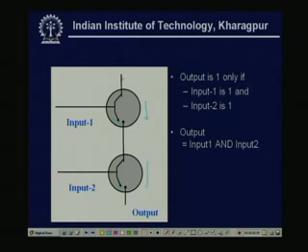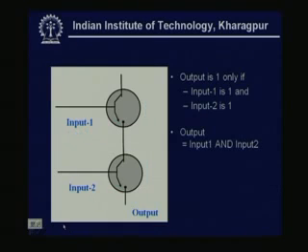I want this input 1 to be equal to plus 5 volt, and I want my input 2 to also be plus 5 volt. Then my output should be 1. So the output is input 1 AND input 2. That means there will be 2 inputs and 1 output.